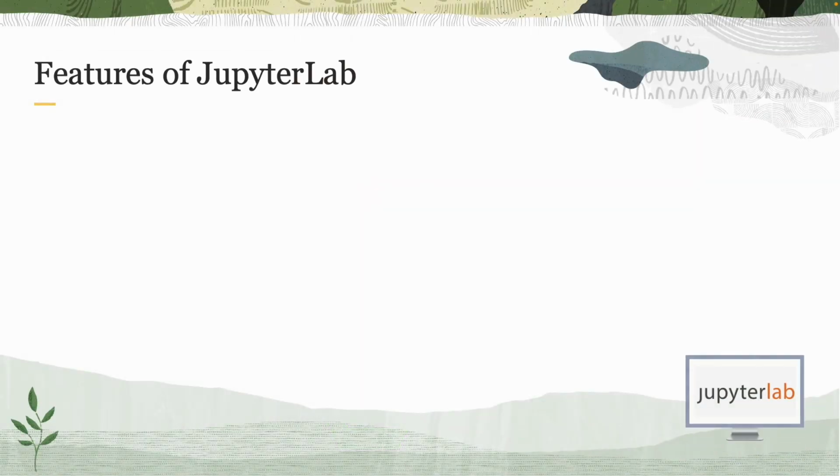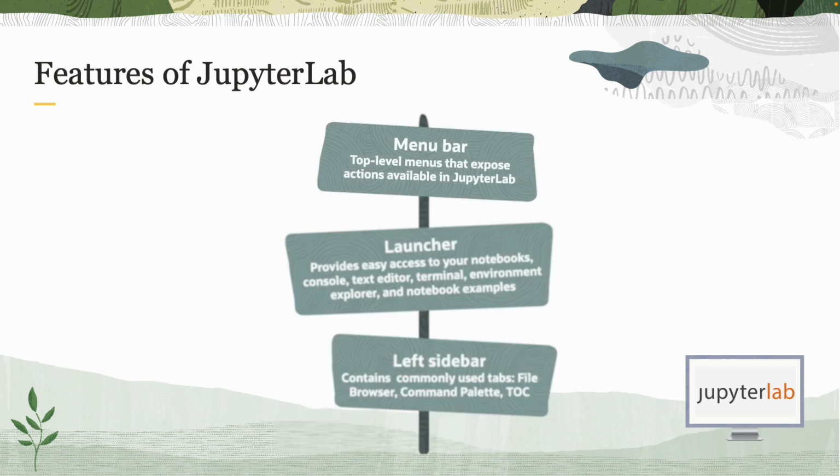There are several features of JupyterLab that we will discuss in the coming demo. Perhaps three of the most prominent are the menu bar at the top of JupyterLab, which has top-level menus that expose actions available in JupyterLab with their keyboard shortcuts. The launcher, as mentioned, provides easy access to the most common items.